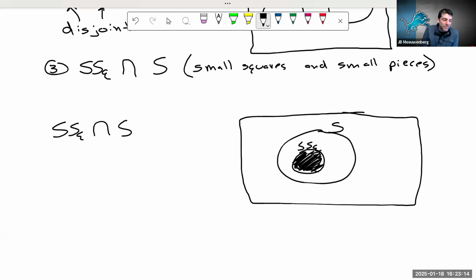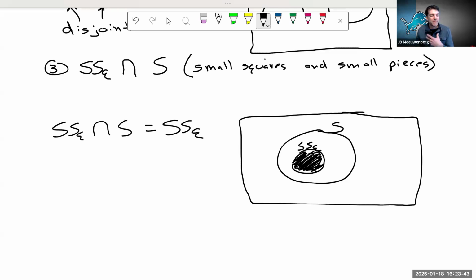So that's where the two would intersect. All of the small squares would be the intersection. In fact, SQ intersect S is really just equal to SQ because SQ is a subset of S.